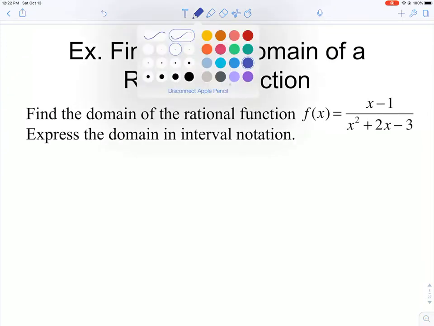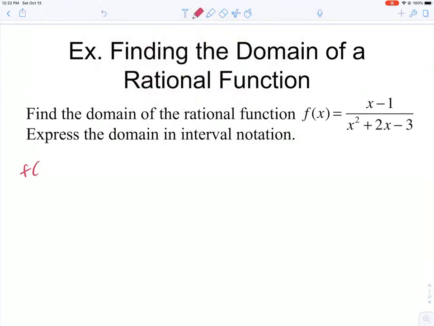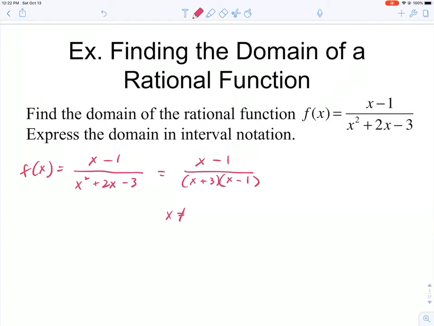Okay, for this guy, let's switch colors. I'm going to rewrite the function again. Same strategy, let's factor the denominator. So x plus 3, x minus 1. So we can see that x cannot be equal to negative 3.